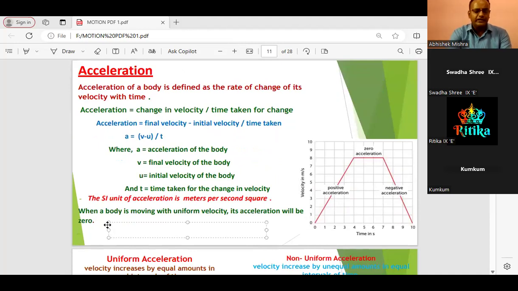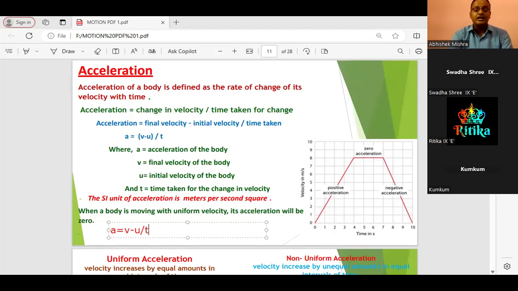See, Swadha, suppose a is the acceleration. A stands for acceleration. V means our final velocity, when the body reaches its final velocity. And if we say u to be the initial velocity, then final velocity minus initial velocity divided by time is the expression for the acceleration.